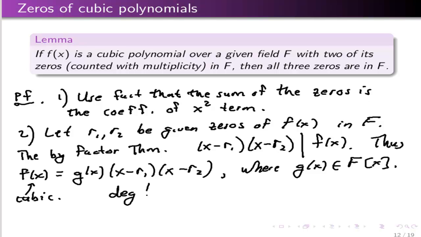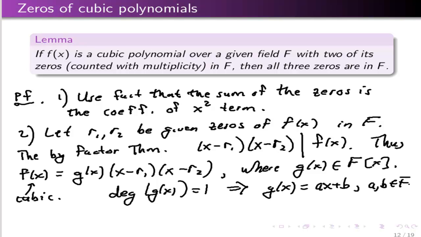So degree of g of x equals 1, and that means that g of x is really just a linear polynomial ax plus b, where a and b have coefficients in F, and therefore the third zero of f of x is just the zero of this linear polynomial, and a must not be 0, of course, because we have a genuine cubic polynomial over here.